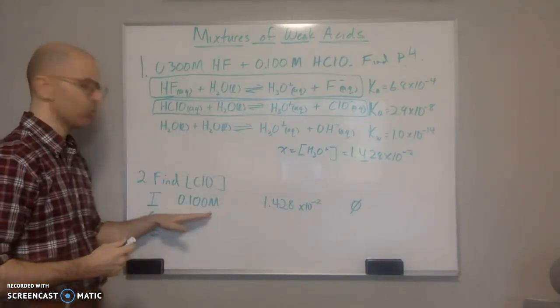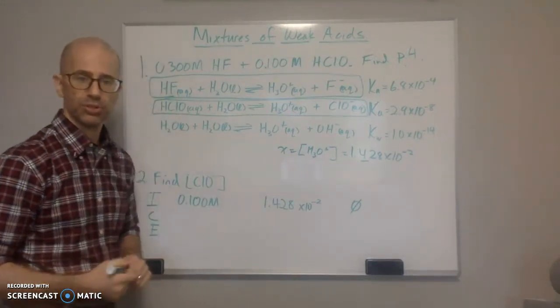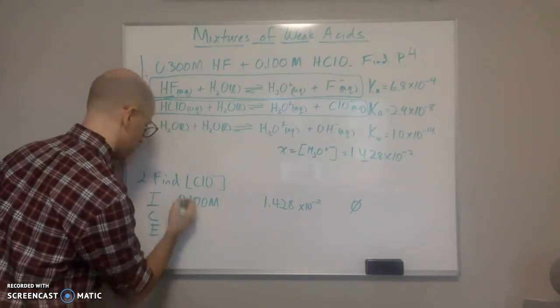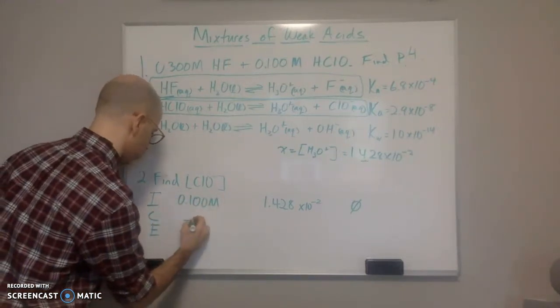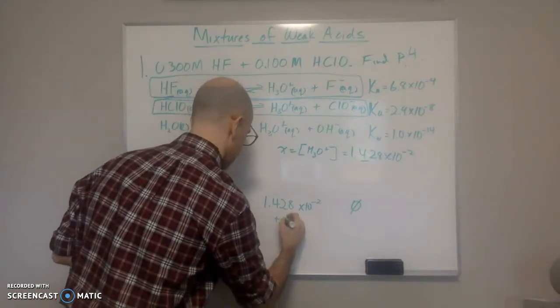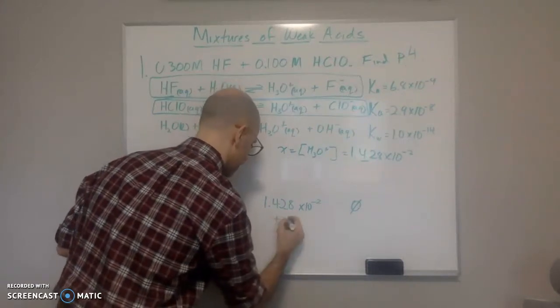And then we're going to find out how much of this is produced. Again, we're going to lose some because some of this is going to dissociate. So we're going to lose some X, and we're going to gain a little bit more acid, H3O plus.